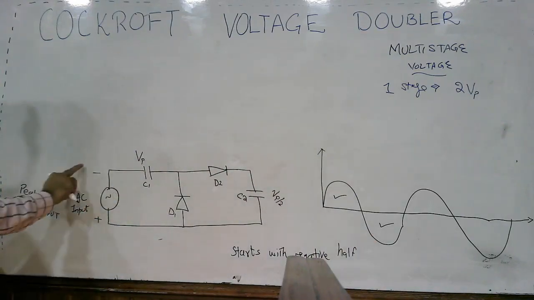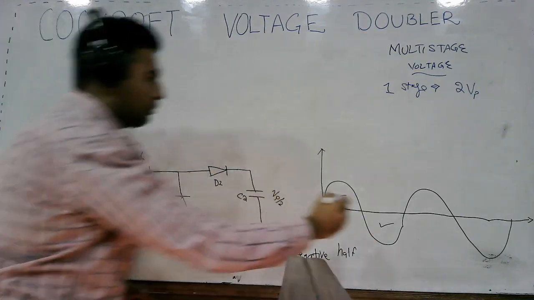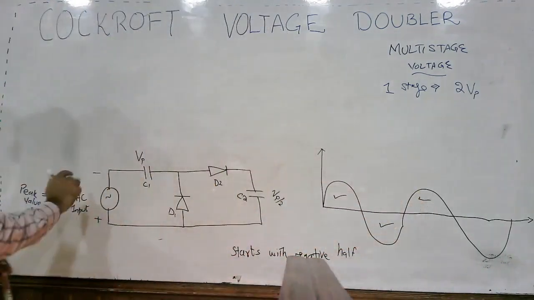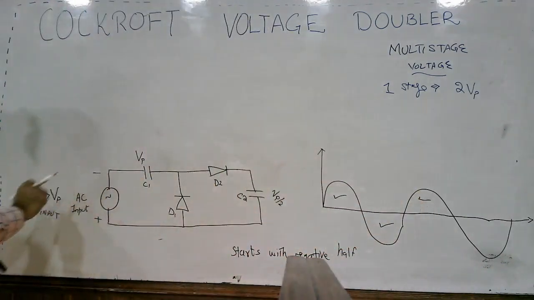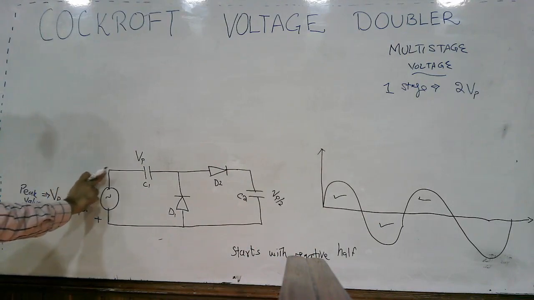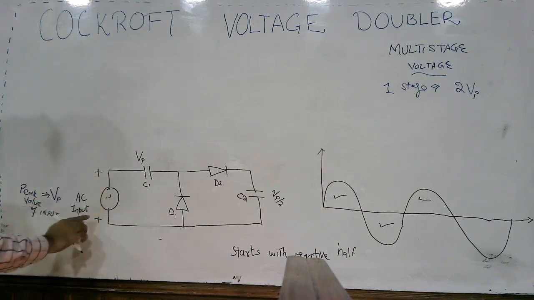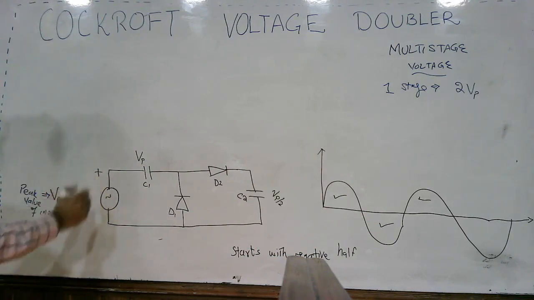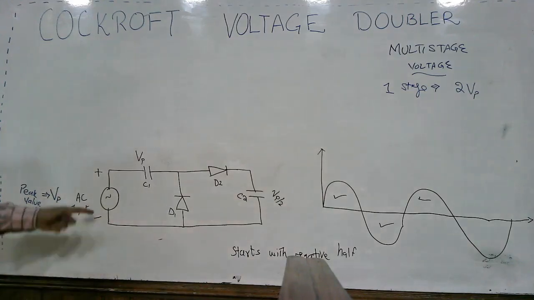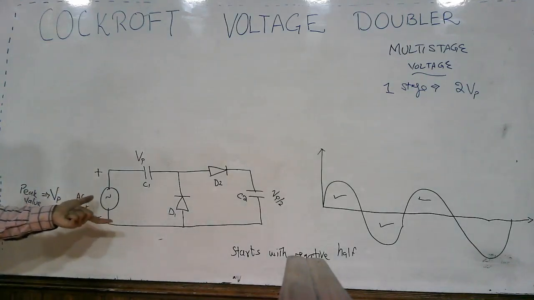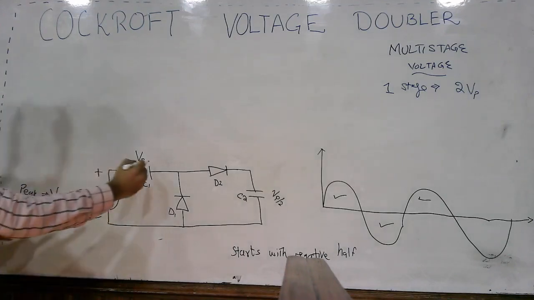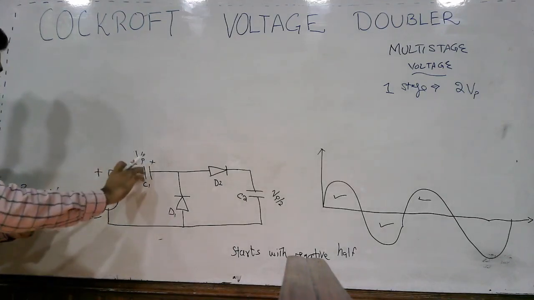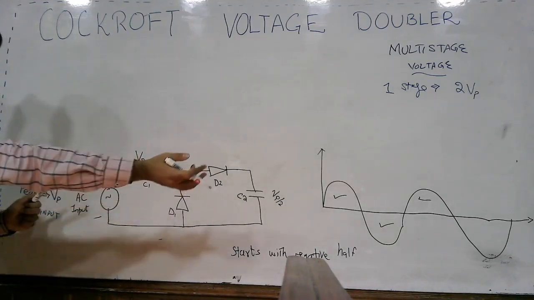Now what happens when what's next is the positive half? The polarity here is positive and here is negative during the positive half. So what happens? This capacitor is already charged. This capacitor was pre-charged during the negative half.